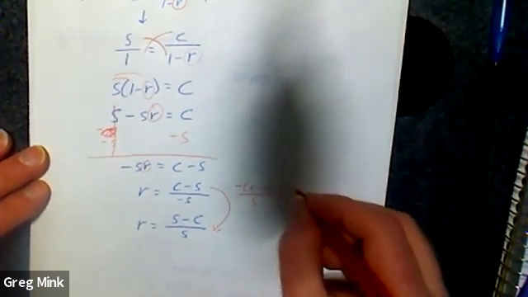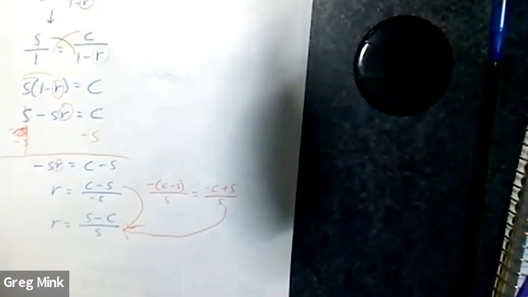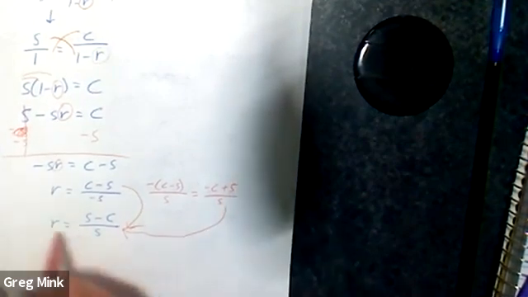Notice these are the same. It doesn't matter if the negative is on top or bottom. Then distribute the negative, and you can see that's how we get here. That's a really dark spot, so let me move that over. Take a look at that, make sure you see where that's coming from. And you can solve for r.